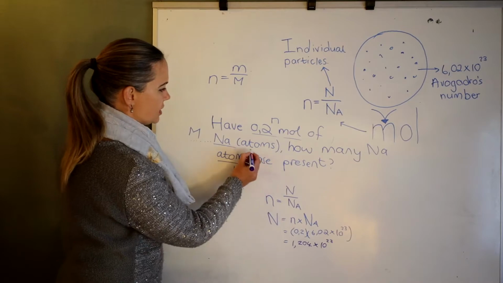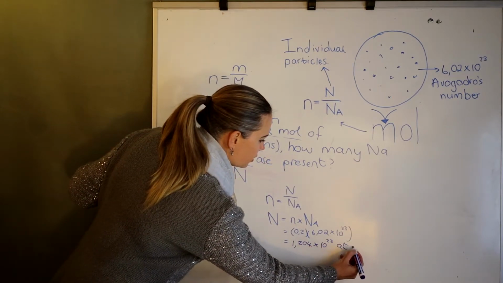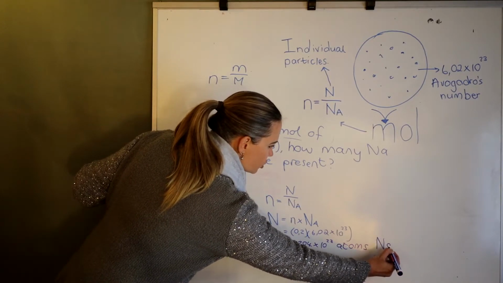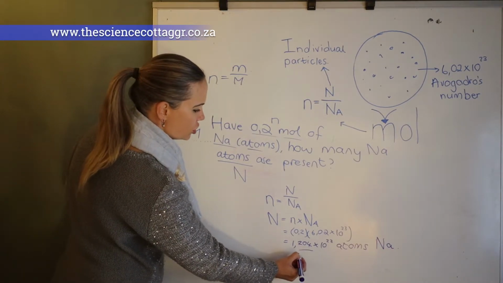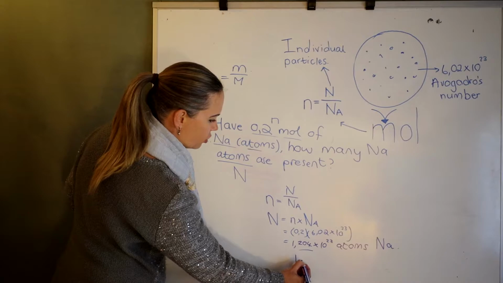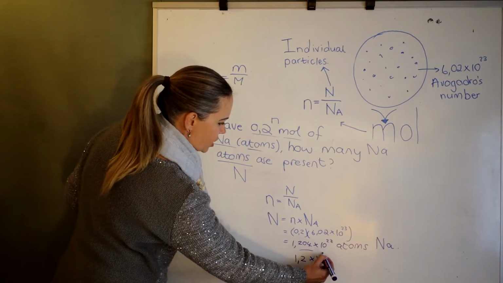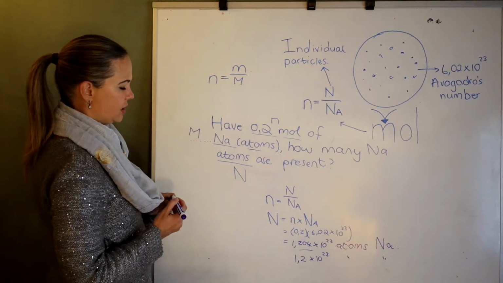And the particles that is asked is atoms. Atoms of what? Atoms of sodium present. You can round that off to 2 decimal places, which will be 1,2 times 10 to the power 23 for your final answer.